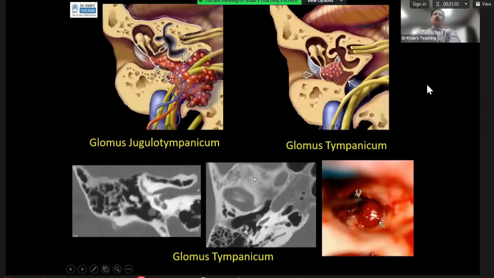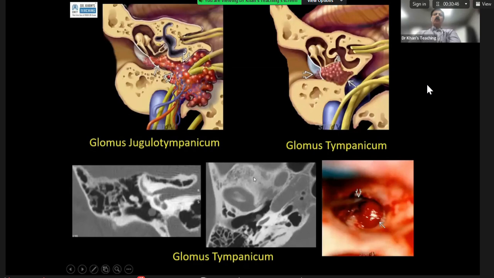Now, glomus tumor is a very, very important case in the exam. Please remember, the location changes the name of the tumor.